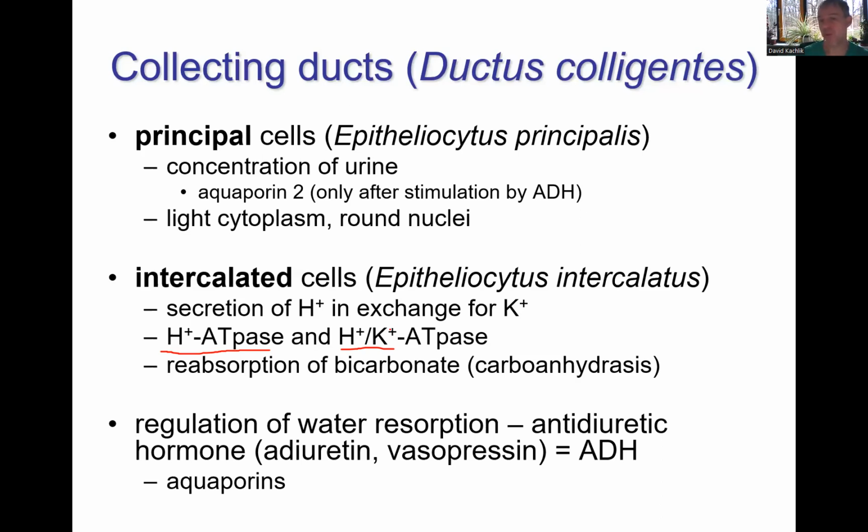That's why we can exchange the potassium in the urine back, and we exchange it with protons, and we save also the potassium, and we get rid of the protons which we still produce in metabolism. So this is quite clever.